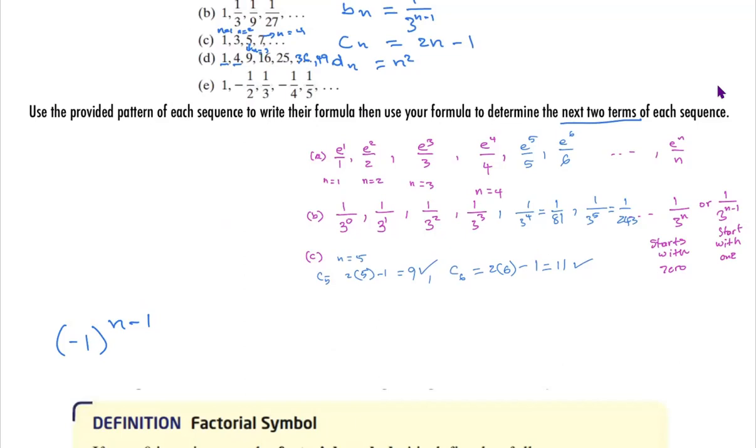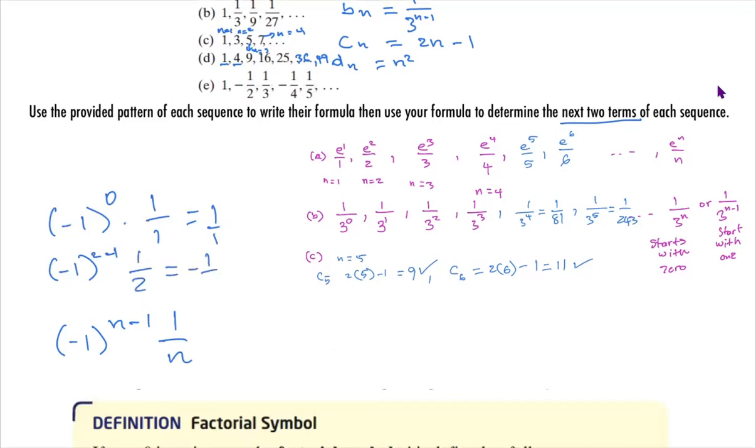And after that, it's just 1 over n, because 1 over 1 will be 1. When n equals 1, it will be -1 exponent 0 times 1 over 1, right? So that's 1. For 2, it will be -1 exponent 2 minus 1, which will be 1, make it negative, and then times 1 over 2, so that's -1/2, and so on.